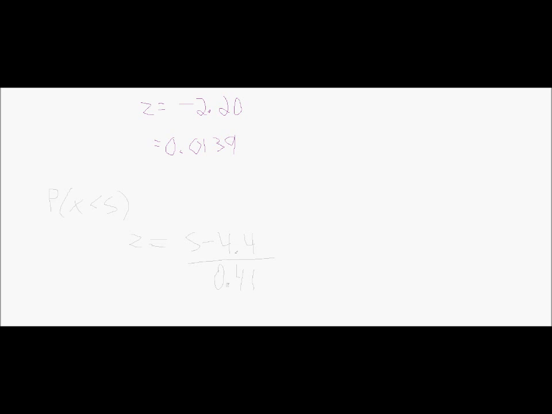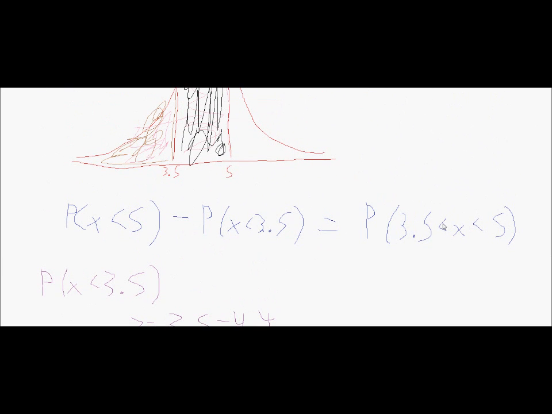Which equals 1.46. Once again, z-score table. What value does that have, Kyle? This has a value of 0.9279.